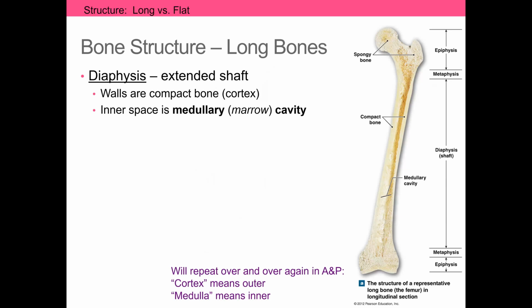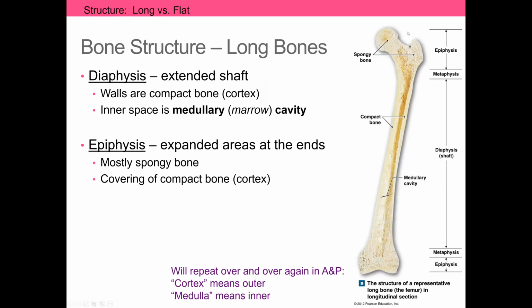And when you see a word related to medulla, like medullary, that means innermost, so the very inside of something. So in this case, the compact bone is forming the cortex or the outside of the diaphysis, and on the very deep inside you have the medullary cavity. And this is where you actually will find some bone marrow, which we'll cover a little bit later.